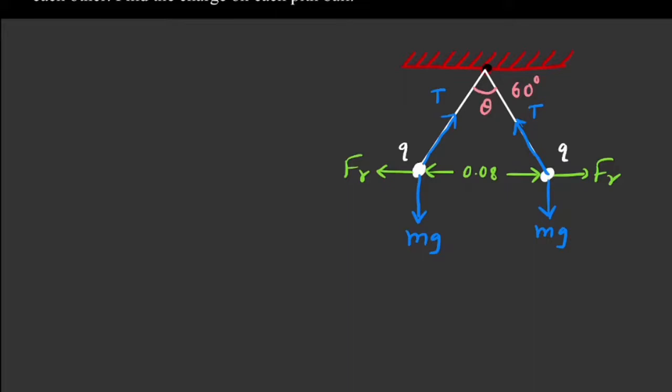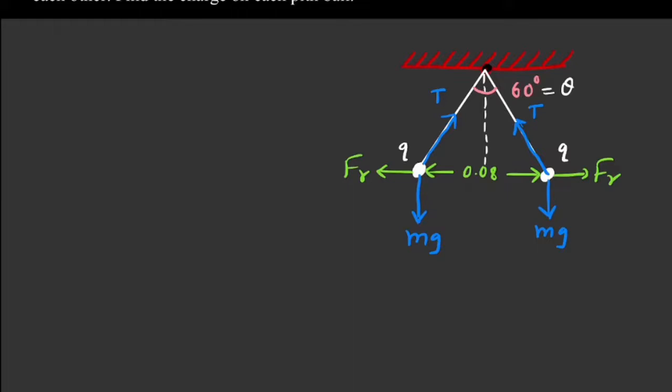Now let us calculate the total force on each charge. Now see here. If you imagine the entire situation, this is theta here, and if you draw a median line like this, and theta is 60 degrees, the remaining angle is half and half.